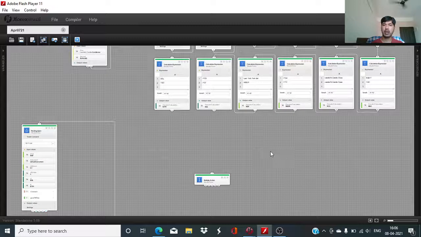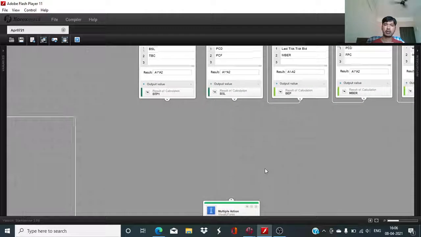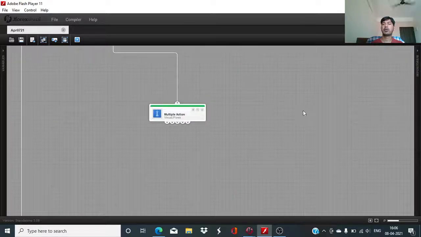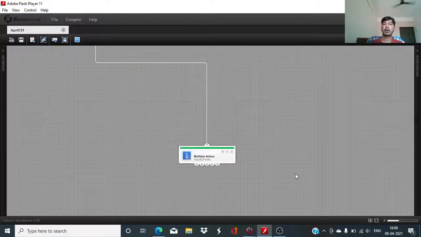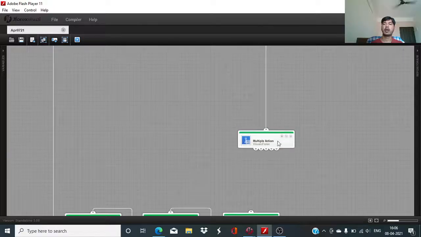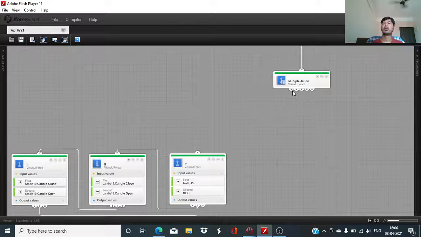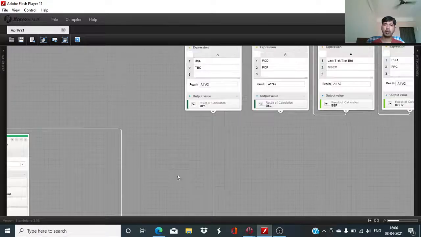So for the time being I will join this iteration flow and join it on the lower side also to see if we have got it going or not.